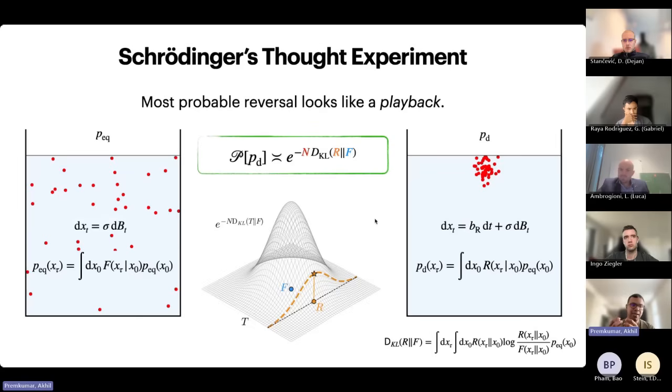And we also know that the reverse process that looks like a playback of the forward process is the one that dominates. So what if we slow down the reverse process by actually slowing down the forward process itself? That is, I'm going to choose a diffusion process for which the diffusion strength is lower, which means that the forward process itself is more gradual. And since its reversal is just a playback, the reversal will also become more gradual.